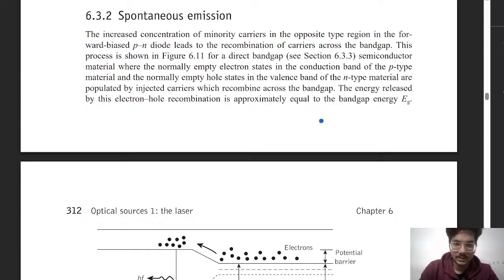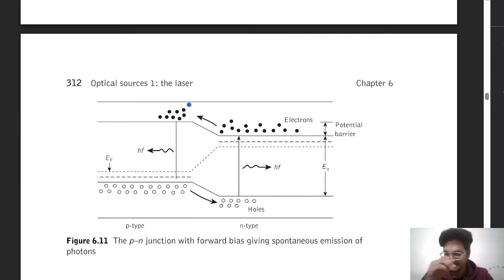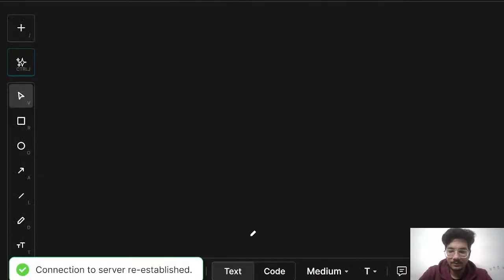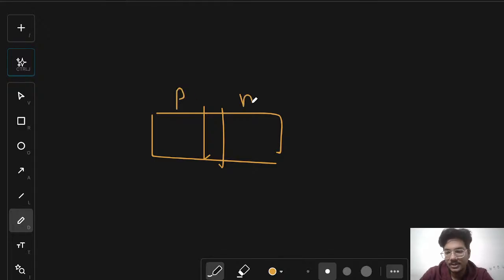So let's understand spontaneous emission. When a PN junction is in forward bias, electron and hole pairs are pushed across the junction. This causes a large number of minority carriers to be injected into the opposite side. In the PN junction, this is P and this is N. When forward biased, electrons and holes push each other, and a large number of minority carriers are injected into the opposite region.